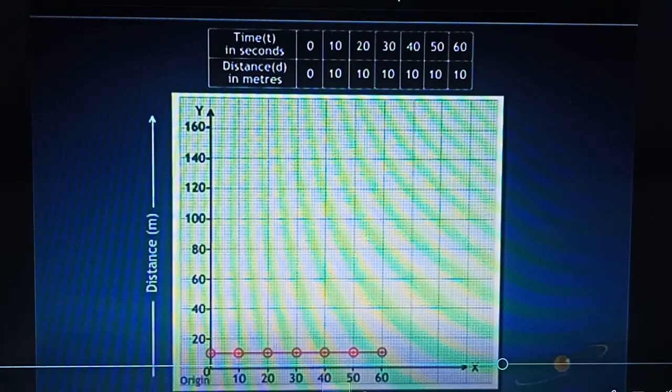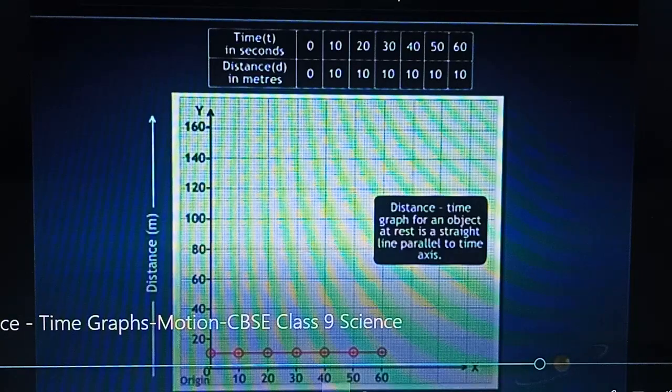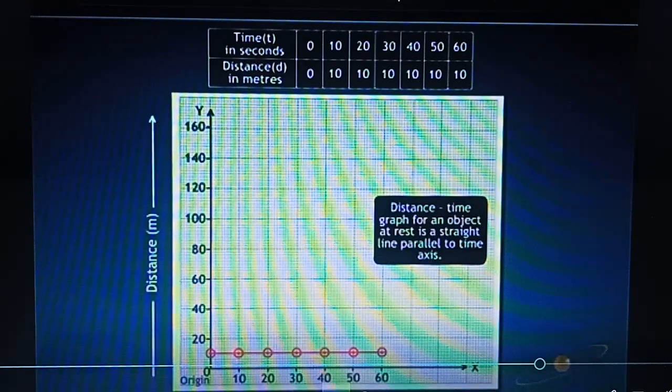At every particular time interval, after 10 seconds, after 20 seconds, after 30 seconds, the object is stationary. The graph will be a straight line which is parallel to x-axis. Now what this graph is showing is that the distance time graph for an object at rest is a straight line parallel to the time axis.